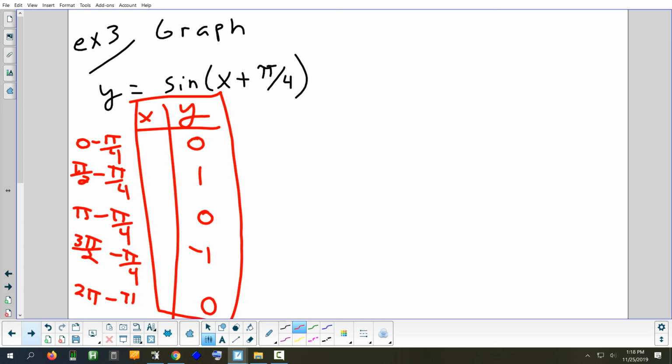Again, no decimals here. Just leave everything as fractions. First one's not bad. What's 0 minus pi over 4? Negative pi over 4. Yep. Now, for the second one, if you needed a common denominator, think of it as 2 pi over 4 minus 1 pi over 4. How much is that? Pi over 4.